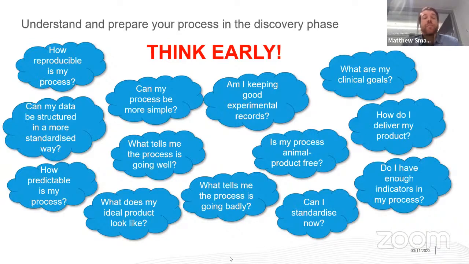There are other things that a lot of people are already alive to, but things like, are your reagents and your products used to manufacture your cells or your vector animal product free? Are they xeno free? A word of warning, from experience on some of these things, some of the CTS grade or the GMP grade, inverted commas, materials you might find aren't animal product free.